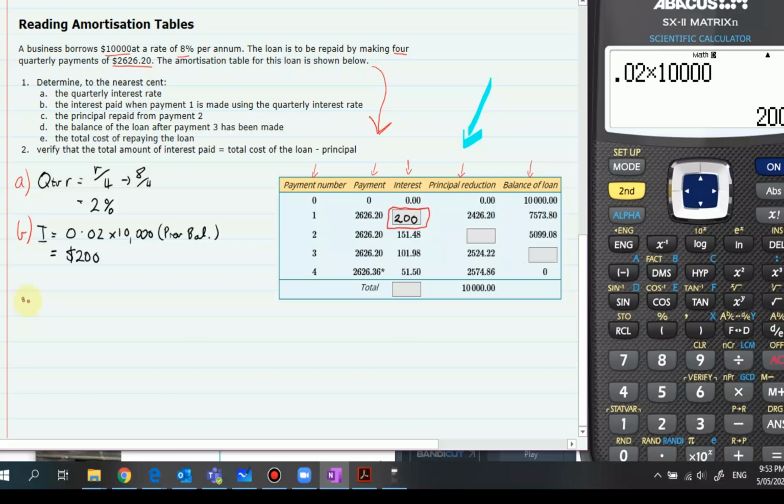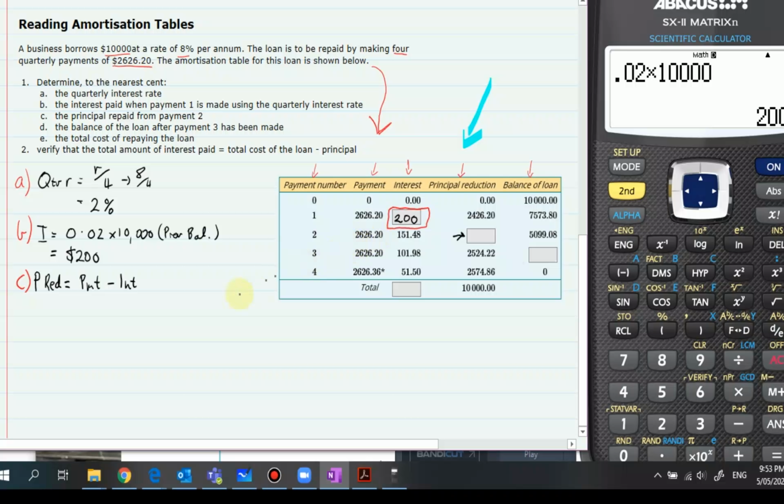Part C. The principal repaid from payment 2. This is this box here, principal paid. The principal paid is known as the principal reduction. So the principal reduction is equal to the payment minus how much interest we had to pay for that period.